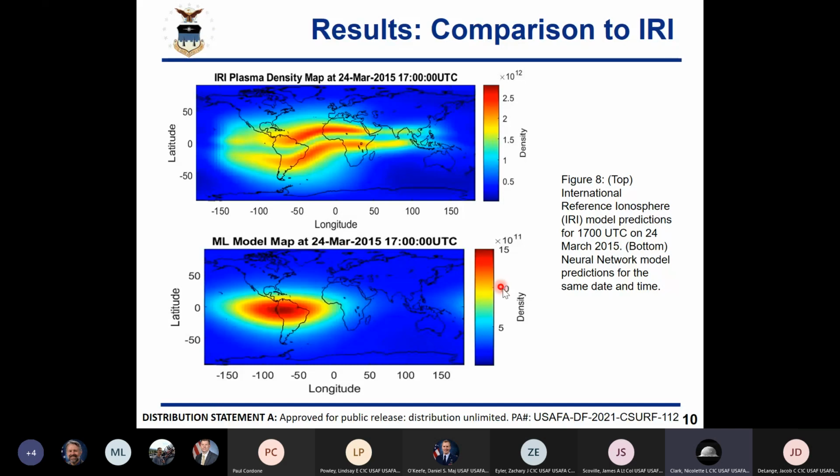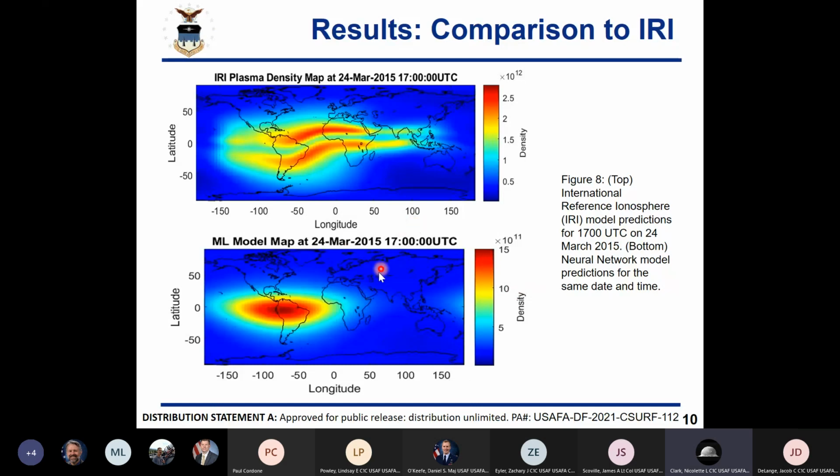So there are 2 things that you can see where our model is not agreeing with IRI. And the first is in the magnitudes of the densities. Our model is predicting lower densities than IRI is. And this has to do, we believe, with the problem that I talked about on the previous page, where we are not seeing our model predicting the full spread of densities that were actually measured.